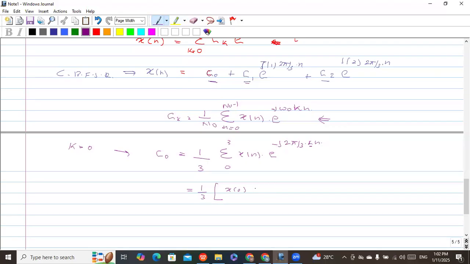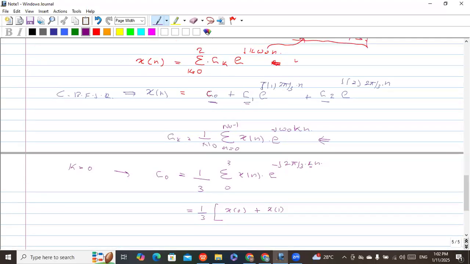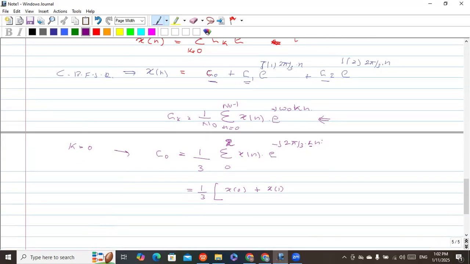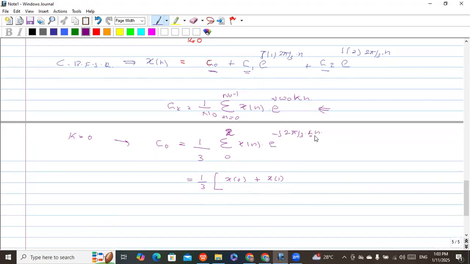It will be 1 plus x1. That means n is 1. Because 0 to n naught minus 1, you need to evaluate up to 2. N naught is 3, 3 minus 1, it is 2. And x1, again n is 1 here, but k is 0. Again these terms will be 0, so it will be 1 plus x2 e to the power, k is 0, again n is 2 but k is 0, so it will be 1.